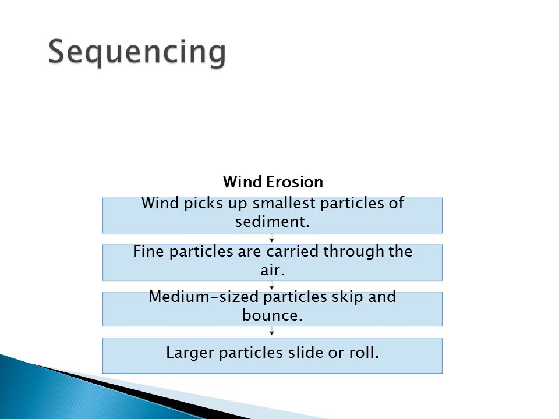So these are the three ways by which wind erosion moves particles from one place to another. And the two types of deposition are sand dunes and loess deposition.